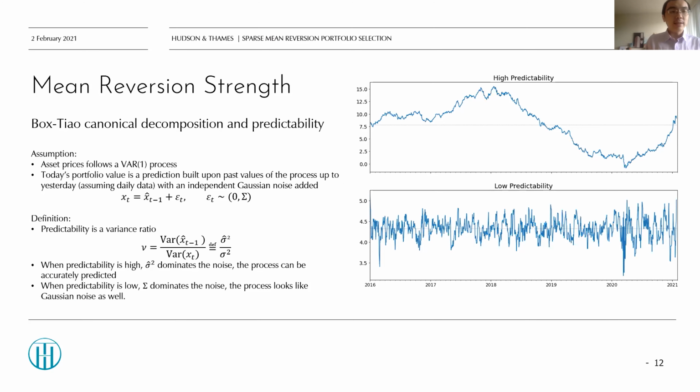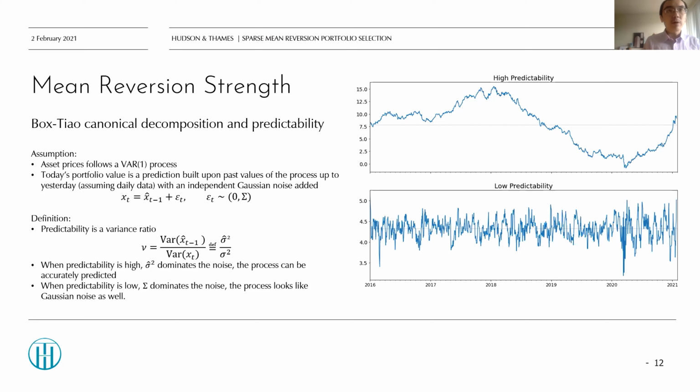One of the candidates is the predictability of the time series. And this is closely related to the Box-Tiao canonical decomposition. Under the Box-Tiao framework, they assume that the asset prices follow a vector autoregressive model of order 1.